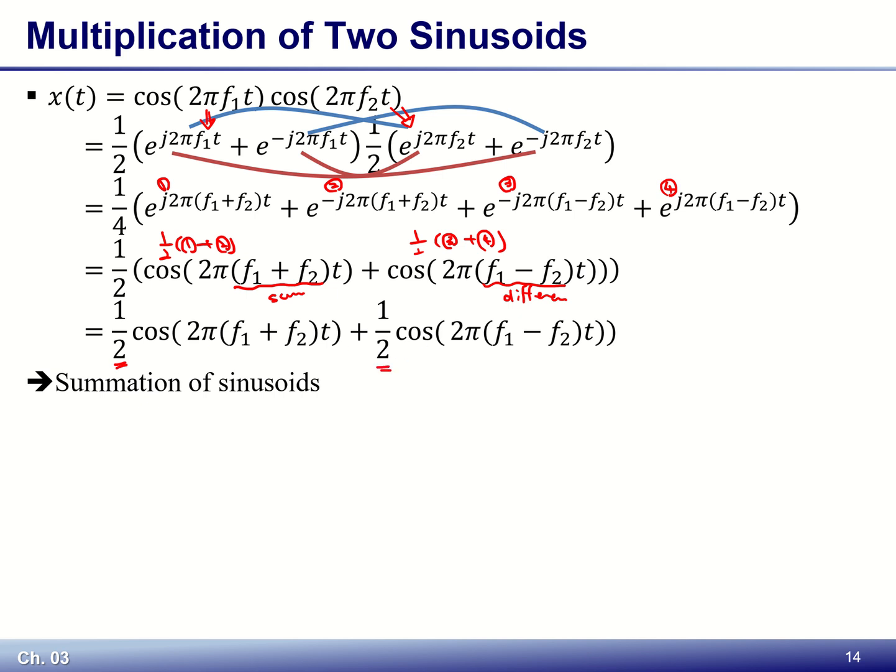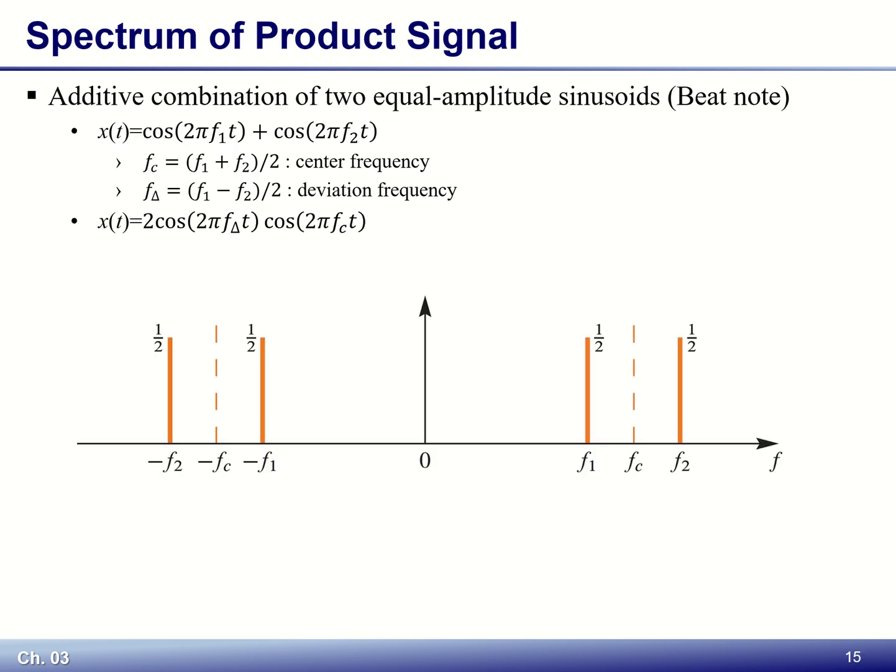So since we can express multiplication of two sinusoids as a summation of sinusoids, even for a signal with multiplication, we can find spectral components. Okay, here's another example.